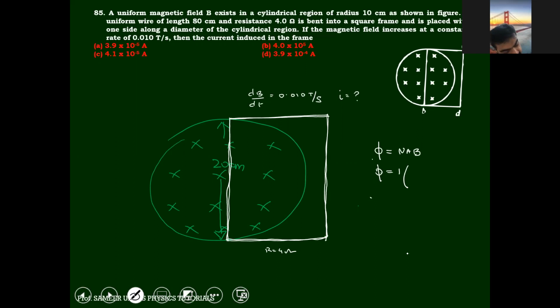Pi r square by 2. The area of the loop placed in the magnetic field. This is important.